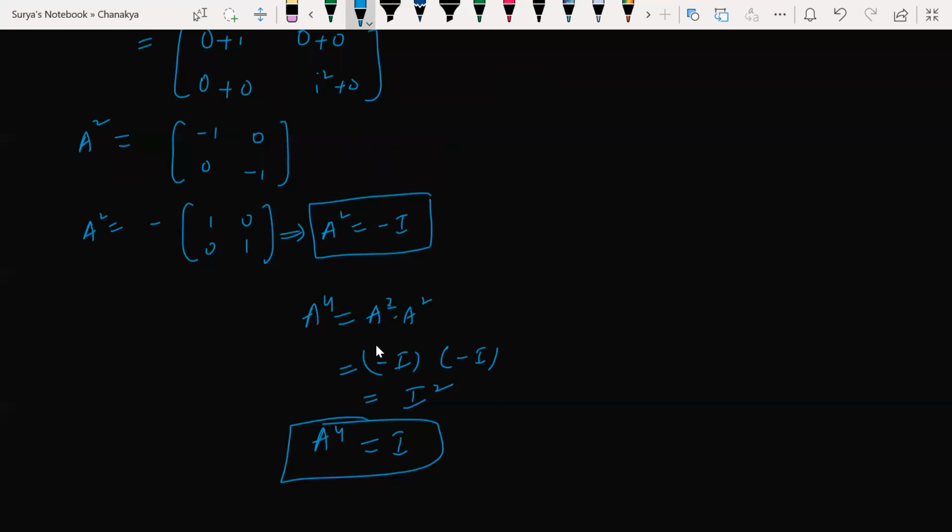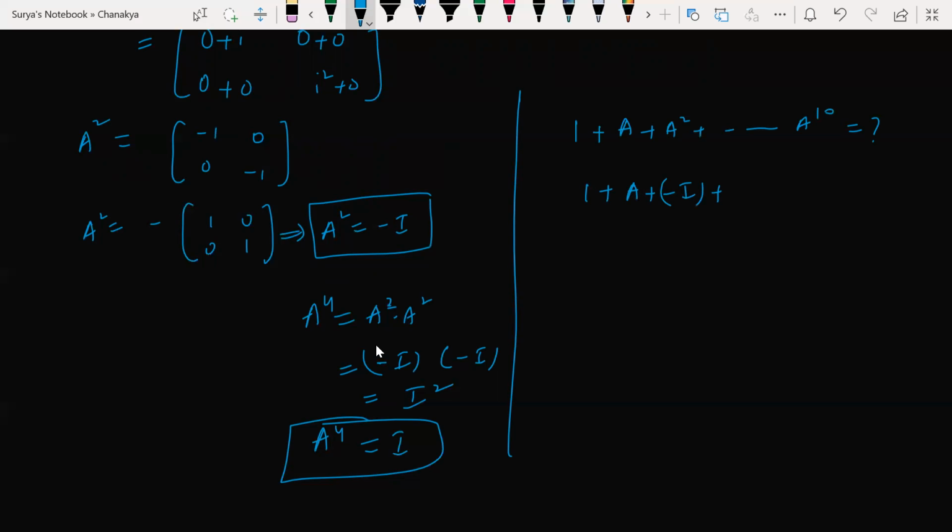Now he is asking us to find 1 plus A plus A square till A to the power of 10. So let us write the A value as A only. A square value is minus I. A cube is what?